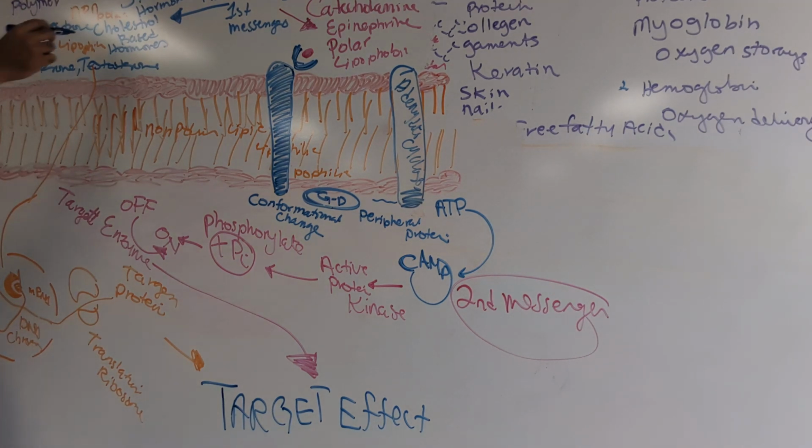So the orange steroid hormones, they can go straight to the nucleus, or they can bind to a receptor in the cytoplasm, and then that receptor is going to mobilize. This is called the mobile receptor hypothesis.